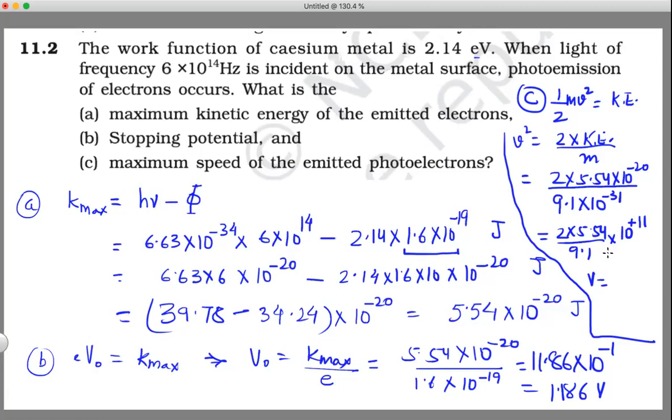Two into... so we will use... 3.48 into 10 raised to the power 5 meter per second.